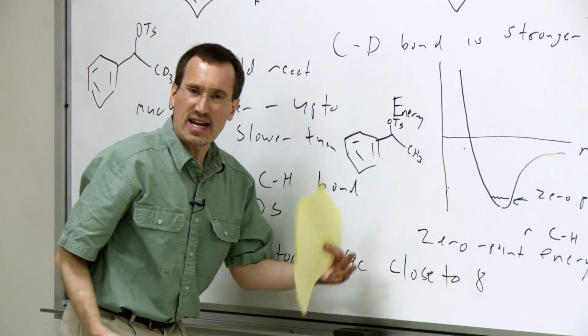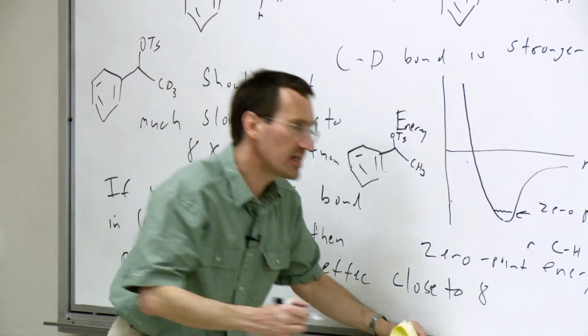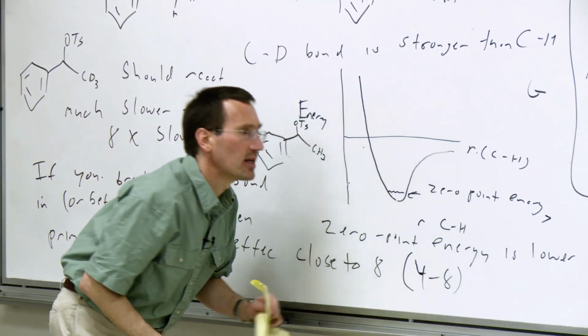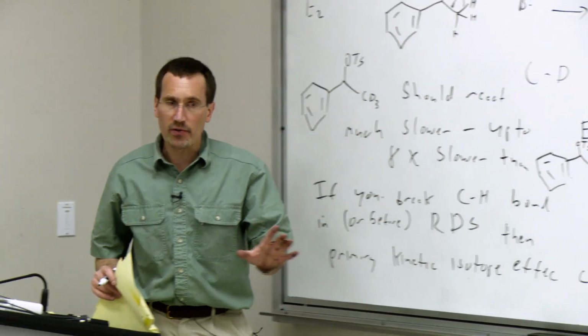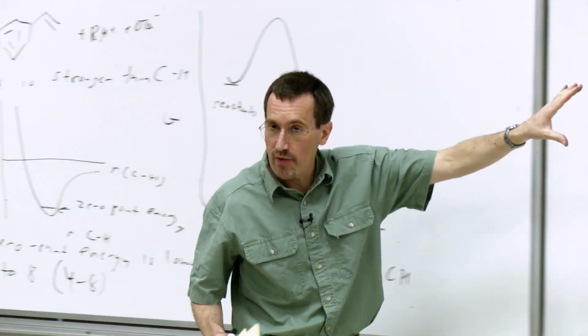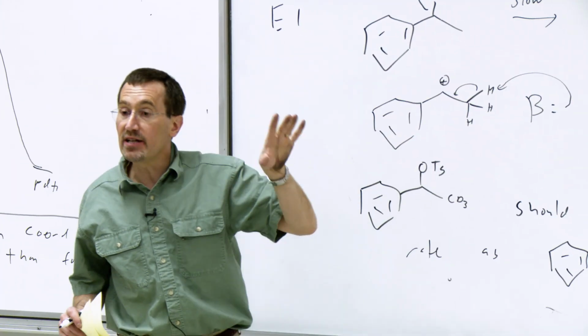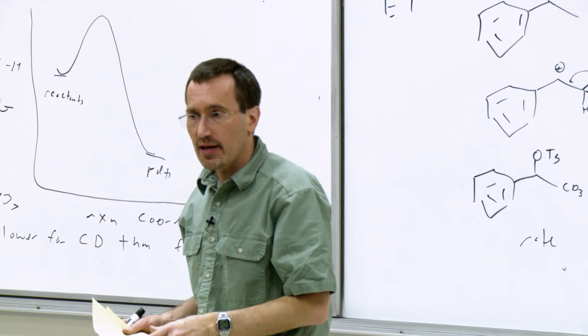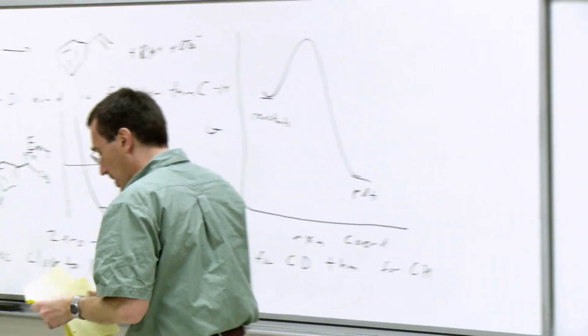And by close to 8, I mean, let's say 4 to 8. A big effect on rate. If you break the bond after the rate determining step, then you have little or no effect on rate. And that's the take-home message I want you to take away.